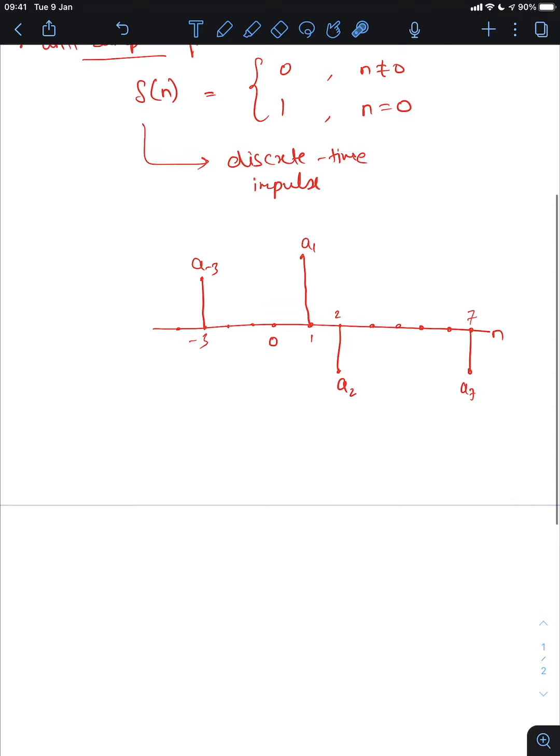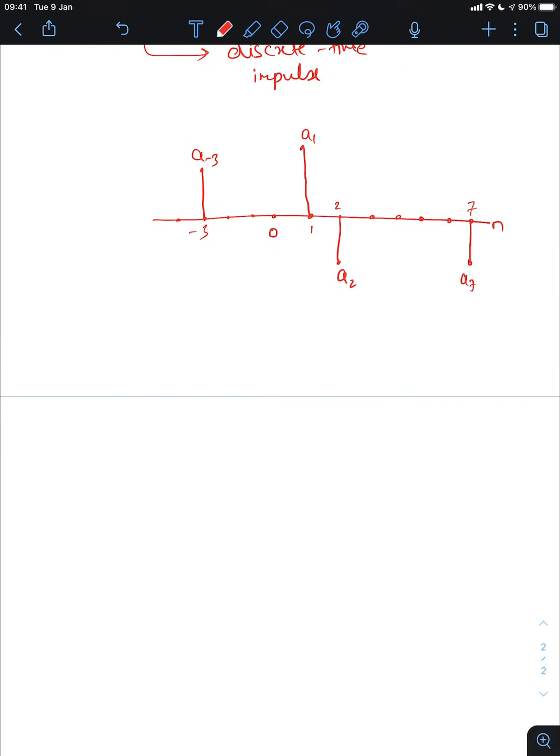So we put the nth sample into the subscript. If we want to represent this sequence, it can be represented by p of n, where p of n would be a minus 3 delta of n plus 3, plus a1 delta of n minus 1, plus a2 delta of n minus 2, plus a7 delta of n minus 7.